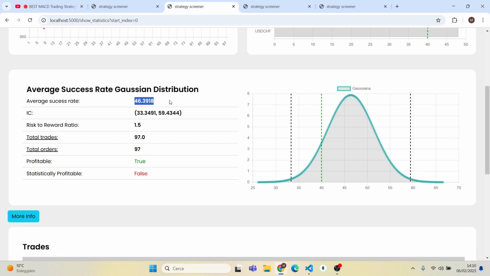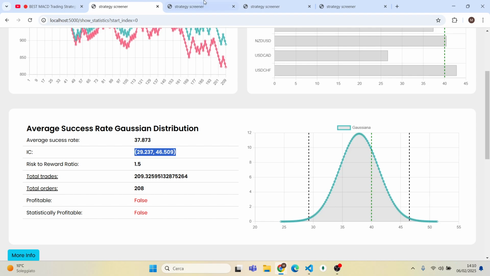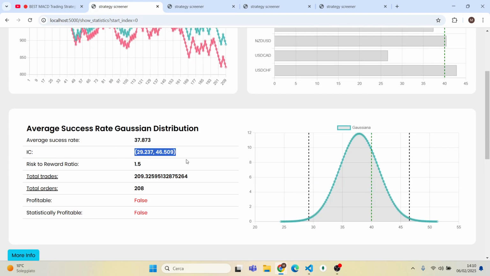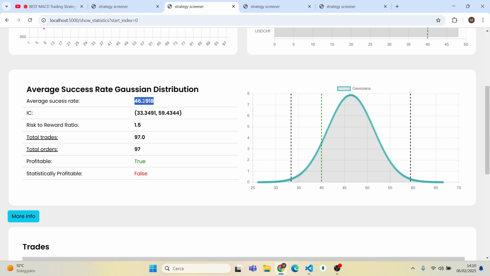So let's go to the test dataset and let's see how it performs. And as you can see, a really high average success rate on the test dataset, 46%. It was profitable, but this average success rate is in the confidence interval. Yes, it is. So if the test average success rate is in the train confidence interval, you cannot say that these two average success rates are different.